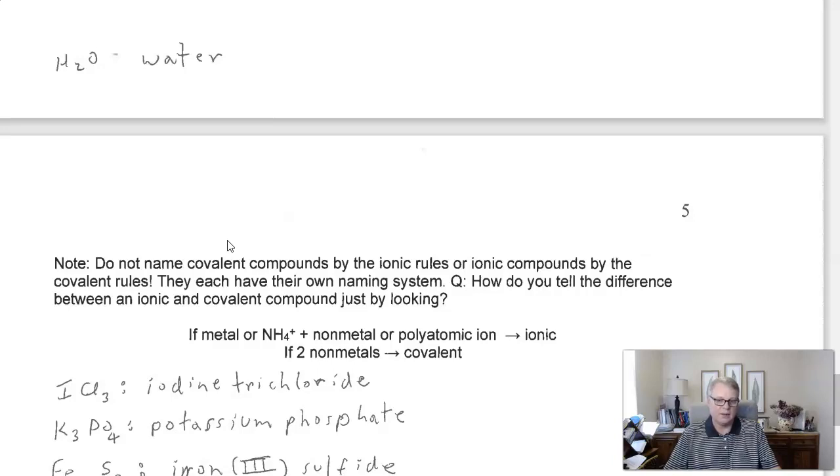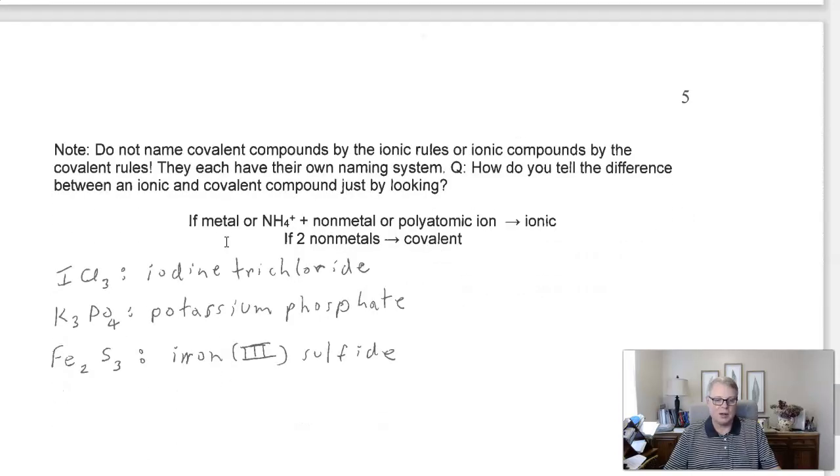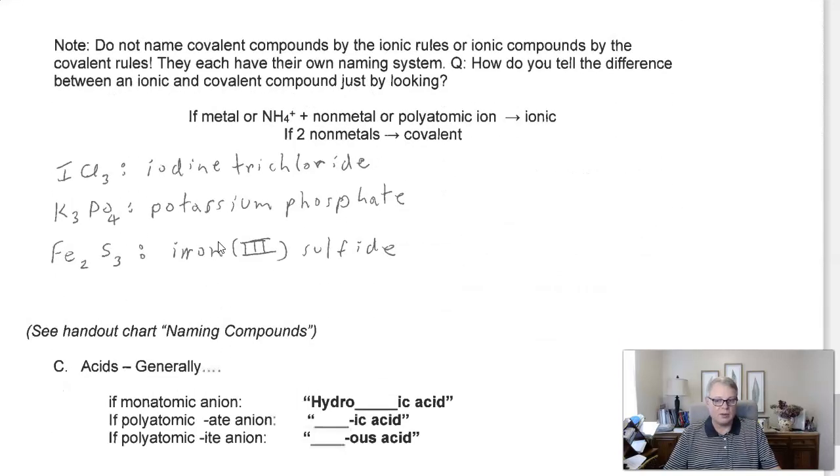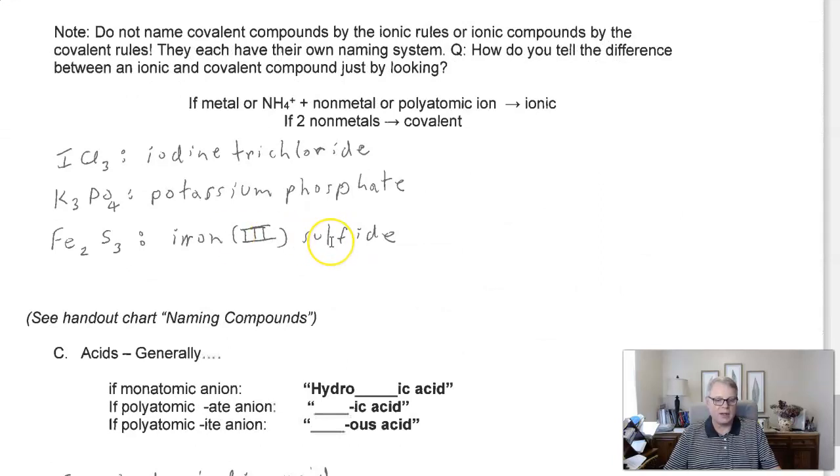Okay? So you may have a question at this point, which I guess you probably should. How do I know if it's an ionic compound or if it's a covalent compound? Because if I don't know if it's ionic or covalent, I'm not going to know how to name this thing. So how do I deal with it? Well, it turns out there's a very simple way.